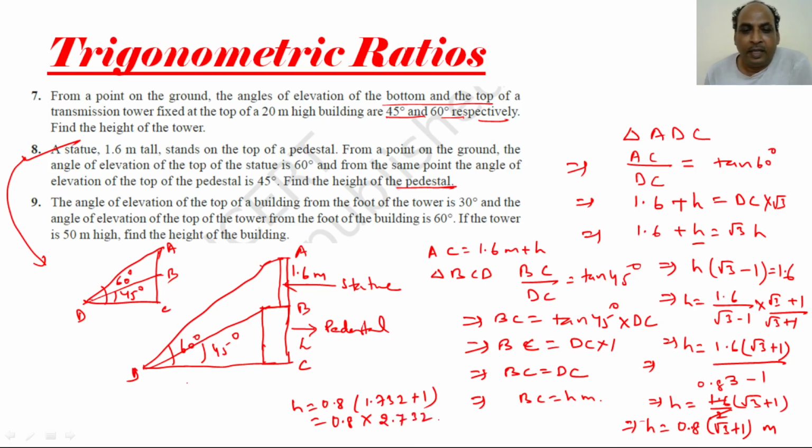We can very well multiply, and decimal will come here, and this will be the H, 2.1856 meter, or we can say 2.2 meter, like this we can say. Okay.